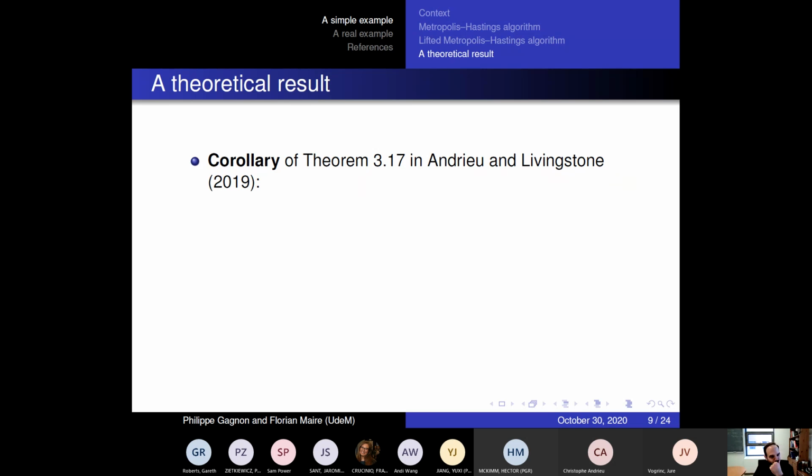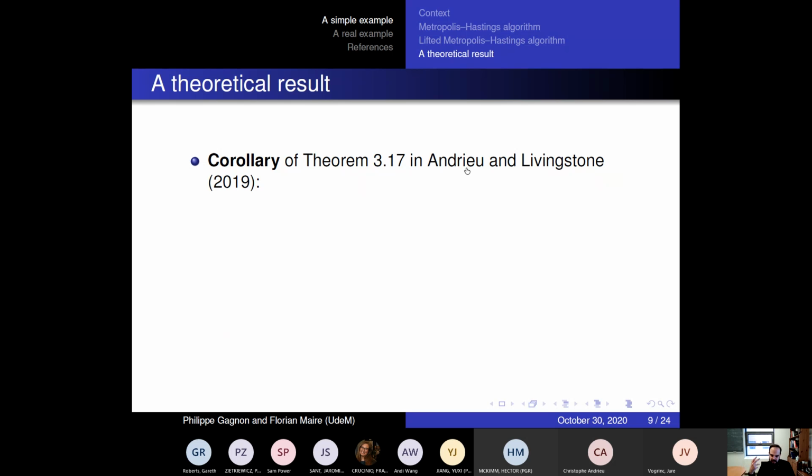It seems like it does well, but can we have theoretical guarantees? And actually, we have something. Andrieu and Livingstone, 2019, there was a preprint coming out on arXiv, and the result that I will present to you is a corollary of Theorem 2.17 in their preprint.